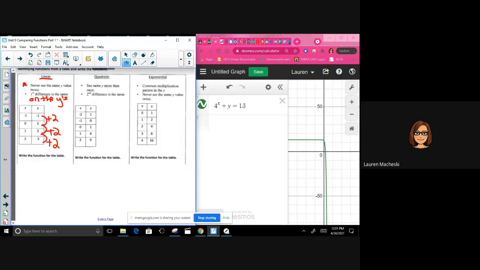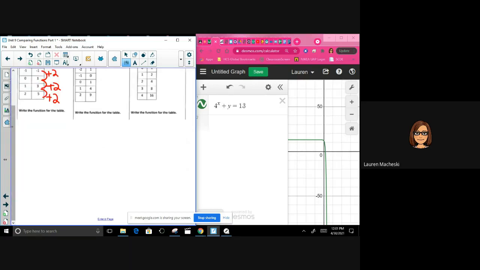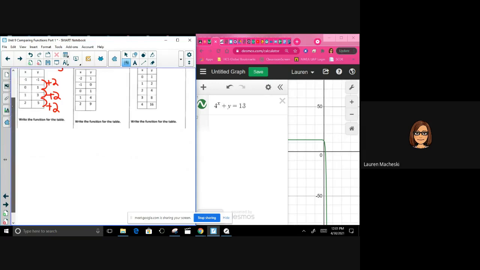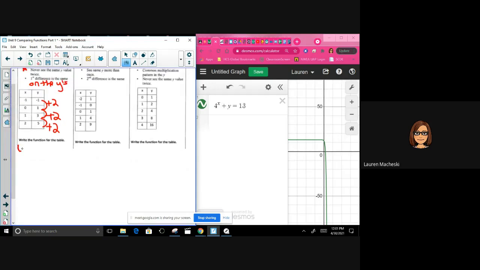So if it's linear, this is what we would put in our calculator. We're going to put our table in, and then we're going to put our y1 squiggly mx1 plus b. Which is what we did the other day. So that part you've done before. So let's clear out anything you may have in your calculator.